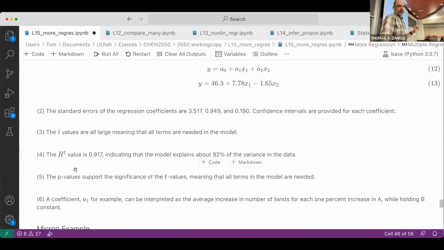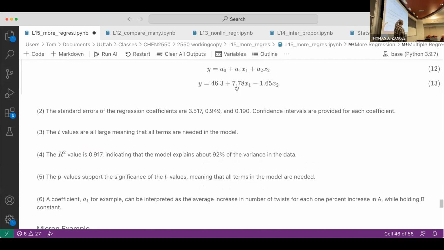And another way to think about this result and to interpret the data that we have out of that chart is, so that's our model, right? Our multivariable model to understand number of twists as a function of percent A and percent B. So we can, for example, interpret that A1 parameter as telling us something like the average increase in number of twists for each increase in A, while we hold B constant.